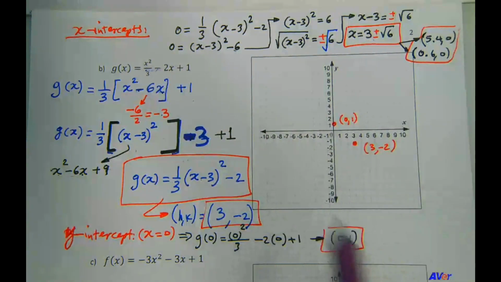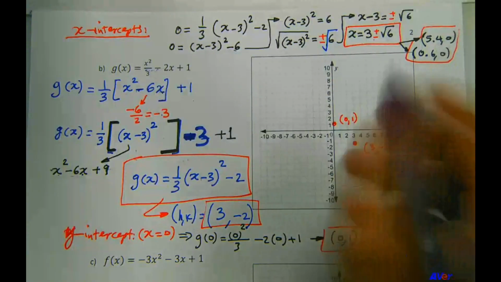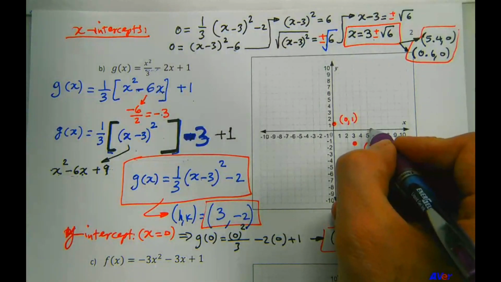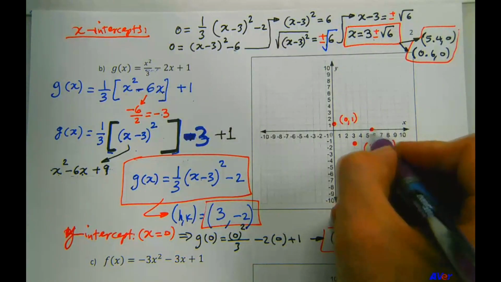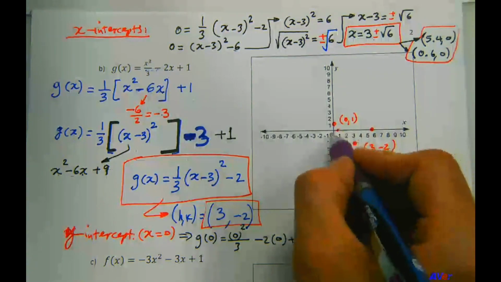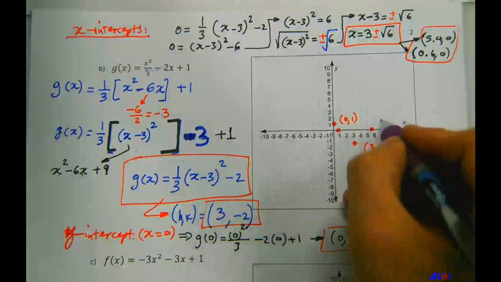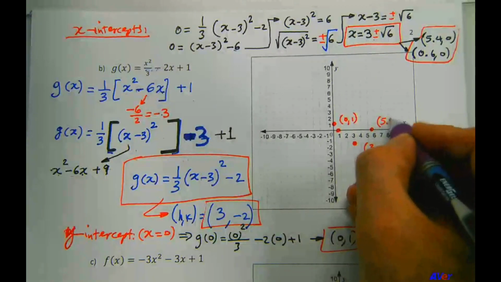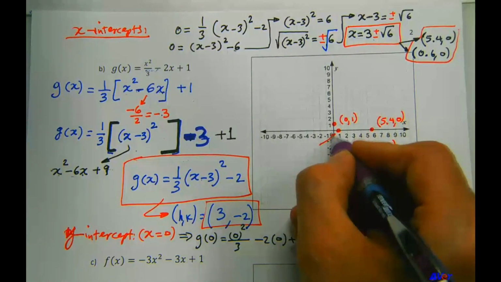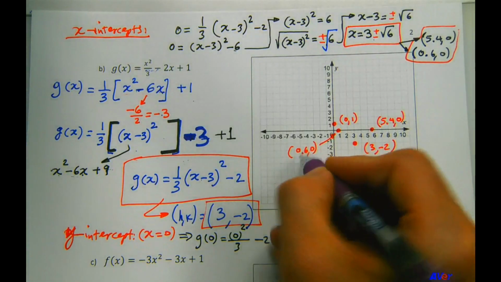And the x-intercepts are at 5.4 comma 0, which is somewhere between 5 and 6, and 0.6 comma 0, which is somewhere between 0 and 1, right there.